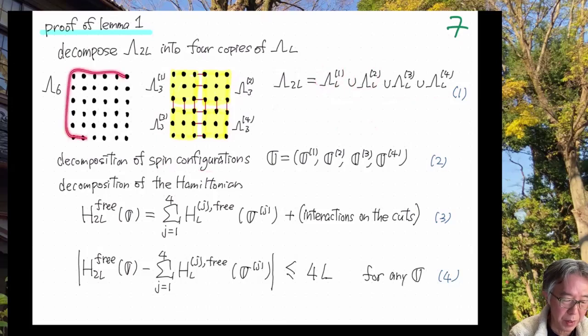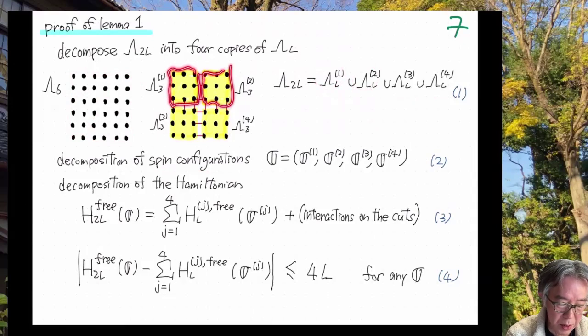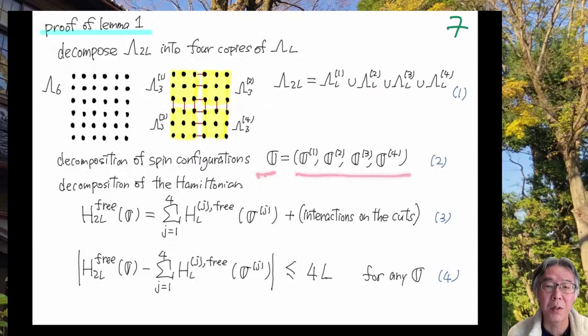We consider a spin configuration on this larger lattice, where each spin can be either plus or minus. This then gives spin configurations on these smaller parts. This is a spin configuration on this part, this is a spin configuration on this part, and so on. So the whole spin configuration is written in this form.